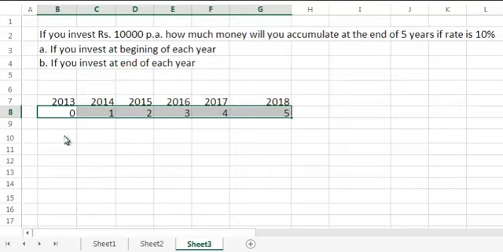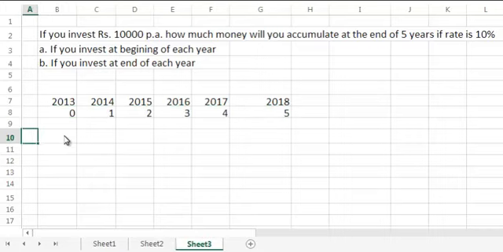Now, where we are investing is the key difference between part A and part B. In part A, we are investing at the beginning of the year. And where is the beginning of the year? The beginning of the year is at point 0 in 2013. The beginning of the year need not be confused with 1st of January.